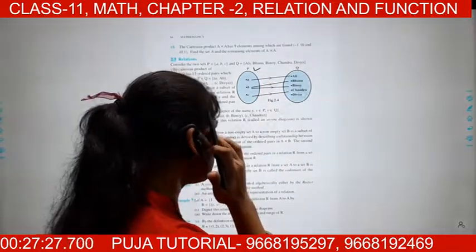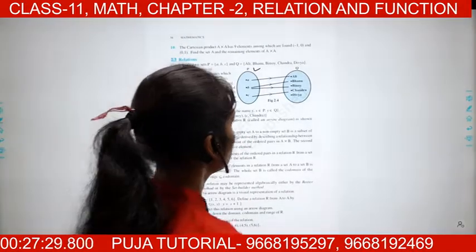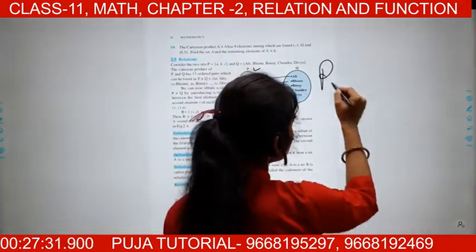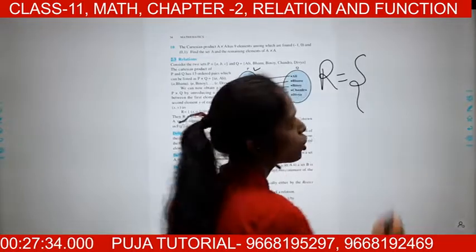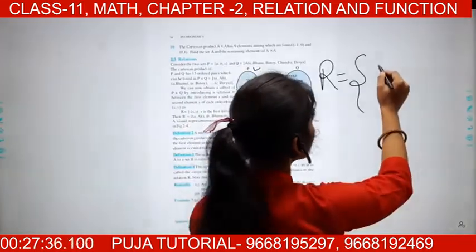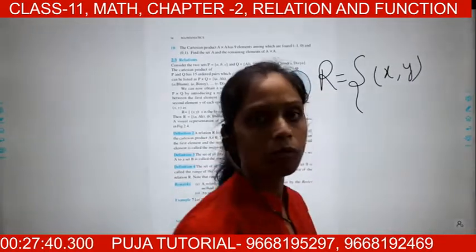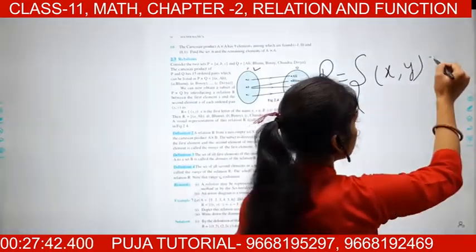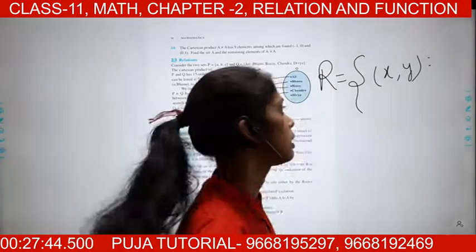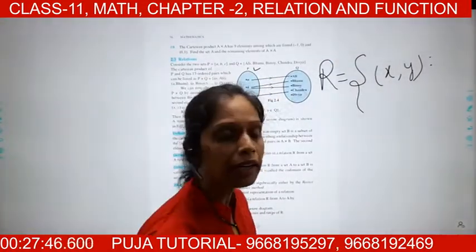Then how is the relation defined here? You can see that relation is the collection of all those ordered pairs (x, y) such that, what is the criteria?